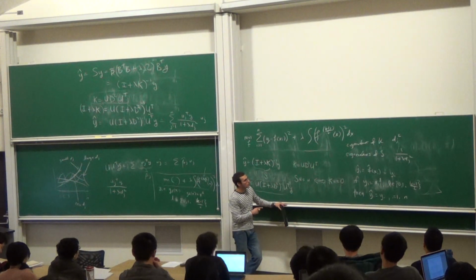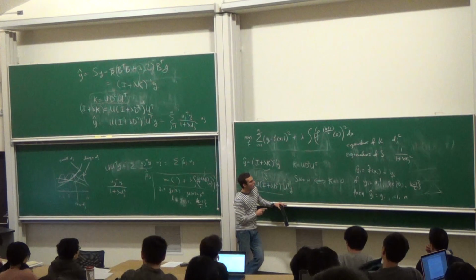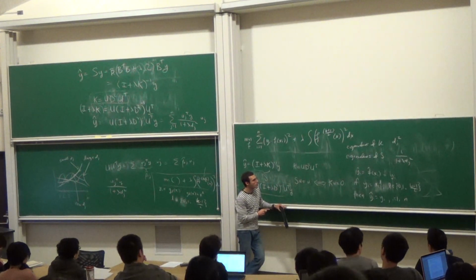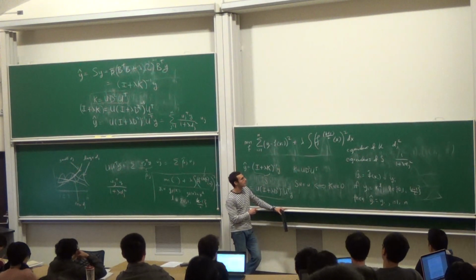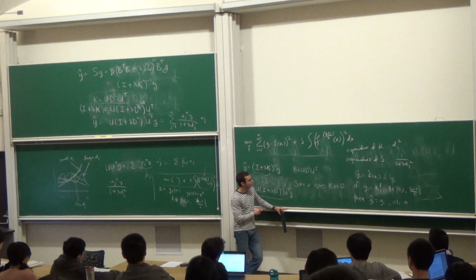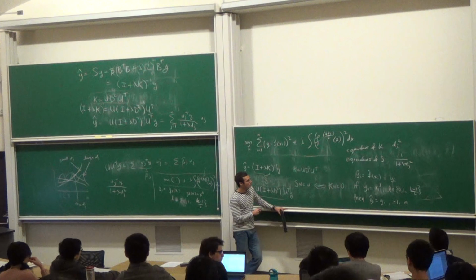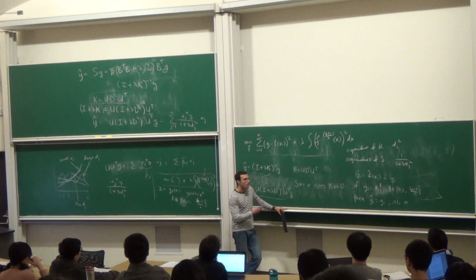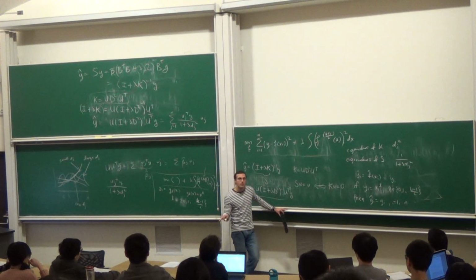So what I have to do is construct an example where, okay, first of all, I was not expecting you to prove that direction for this part, so you don't have to worry about it.